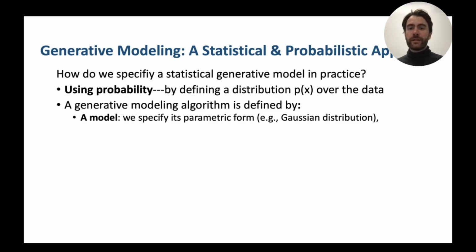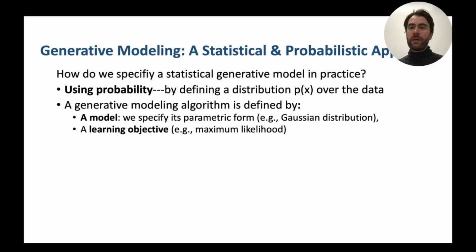And there could be many types of probability distributions that we might be interested in. For example, a Gaussian distribution is a particular type of simple parametric distribution. However, the probabilities that we will be interested in working with in this course are going to be much more complex than a Gaussian distribution. They might have millions, hundreds of millions, maybe even hundreds of billions of parameters in the largest cases, but they will still ultimately be clever parameterizations of a certain probability distribution. Okay, so this is the model or the model family.